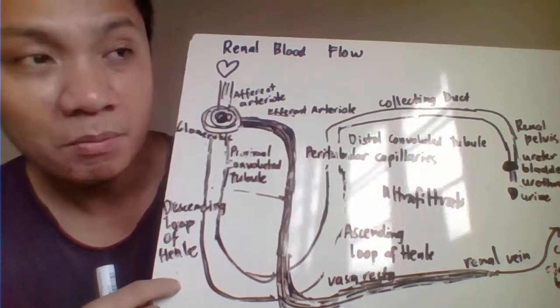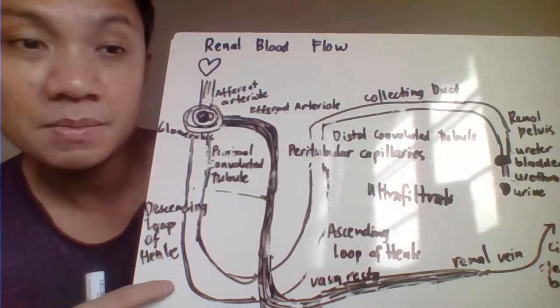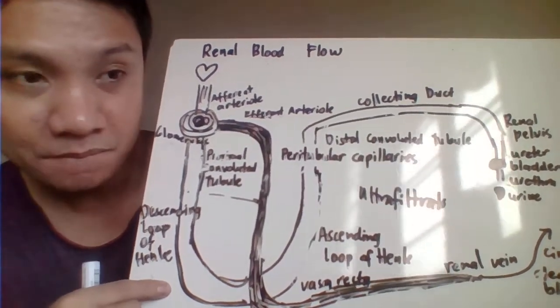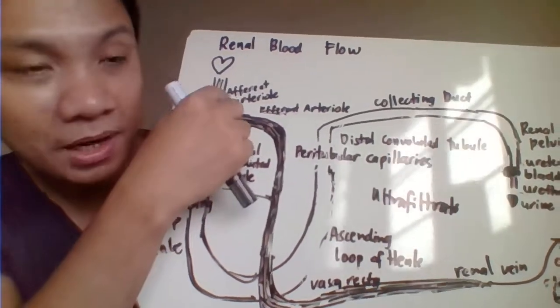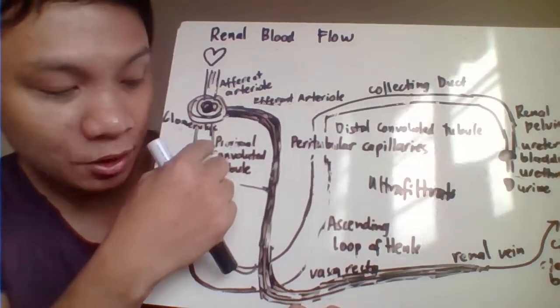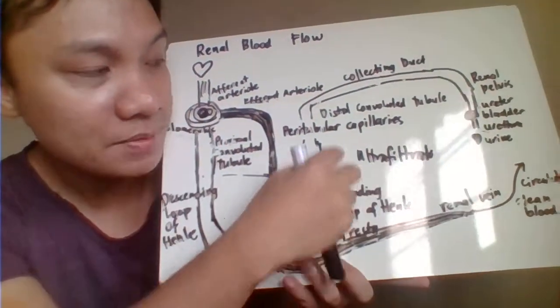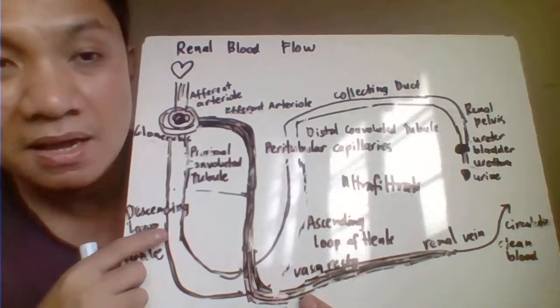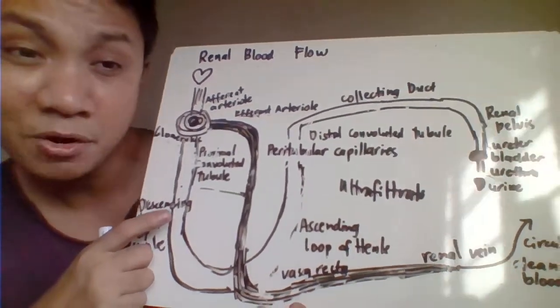Again, the problem is the patient would have a tubular reabsorption problem. Normal ang glucose mo dito, lumabas ang glucose mo kasi hindi niya na-reabsorb. So, yun ang magiging findings. Pag tinest mong ihi, maging positive siya sa urine glucose, pero ang blood niya normal.